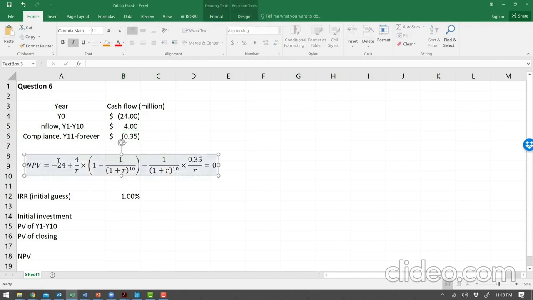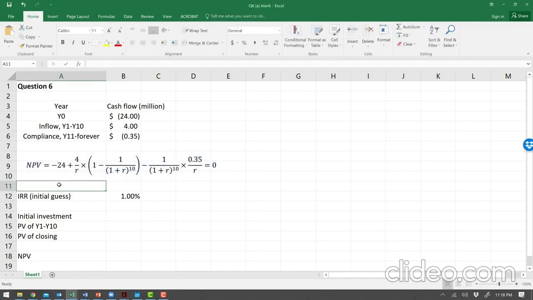First, let's write down the NPV of this project as a function of discount rate R. It equals to negative 24 million, which is the initial investment, plus the second term, which captures present value of positive cash flows that the project generates in years 1 through 10.